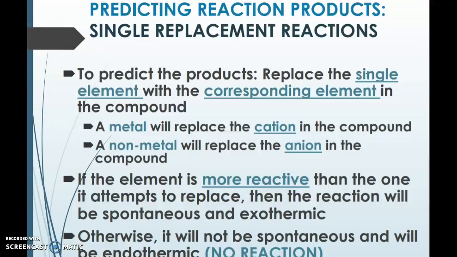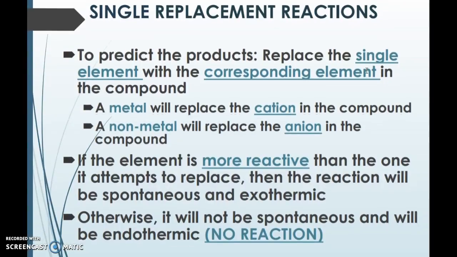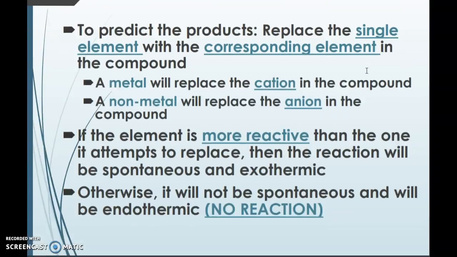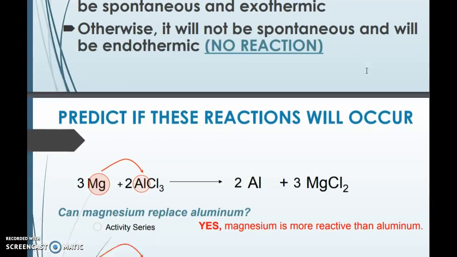If you have an anion standing alone, you're going to replace that with the anion in the compound. If the standalone element is more reactive than the one it is trying to replace, then it will happen. If it is not more reactive or it becomes below on the activity series, then it will not kick out the element and therefore there will be no reaction.